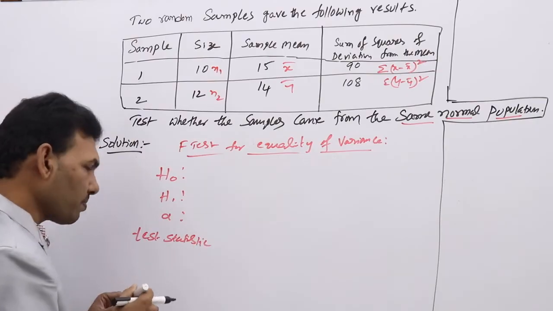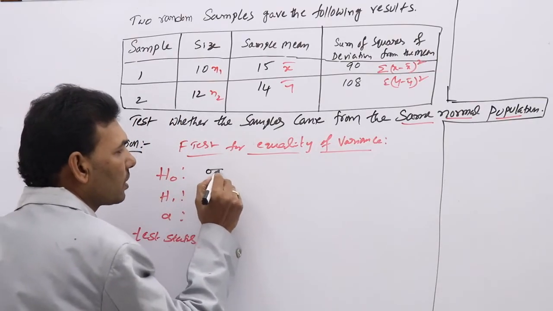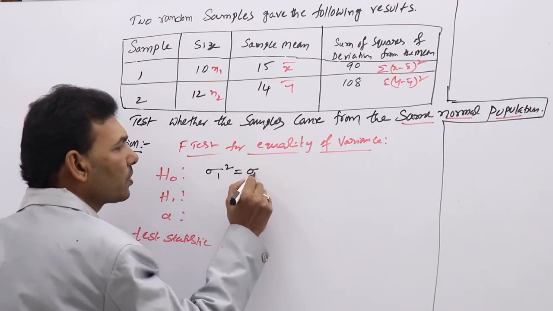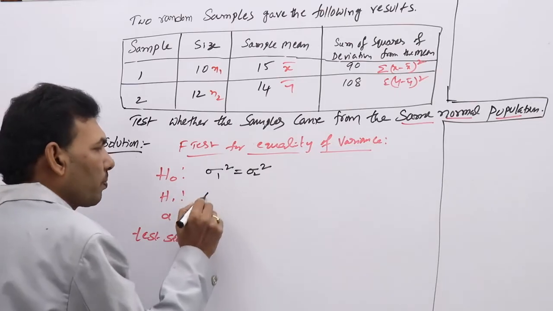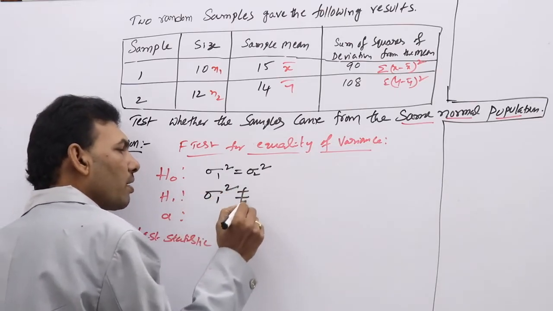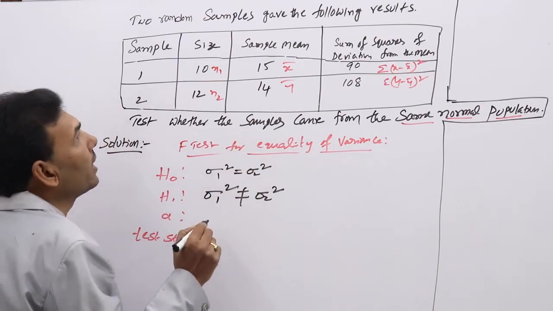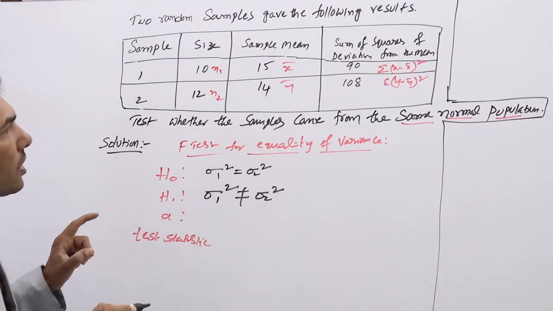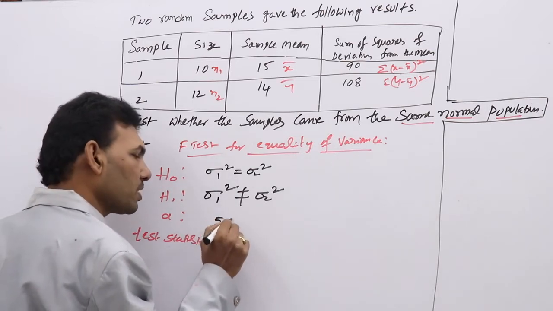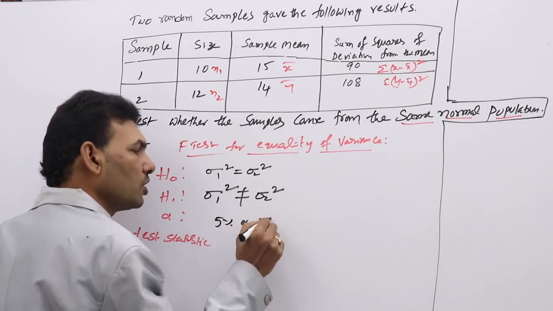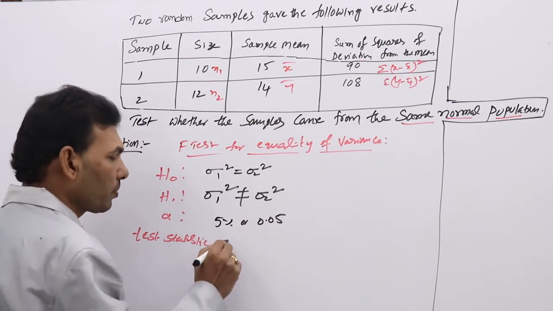These are common steps in the T test also. H0: sigma 1 square equal to sigma 2 square, equality of variance. H1: sigma 1 square not equal to sigma 2 square. Alpha is not given, so we need to take the default 5%, 0.05.